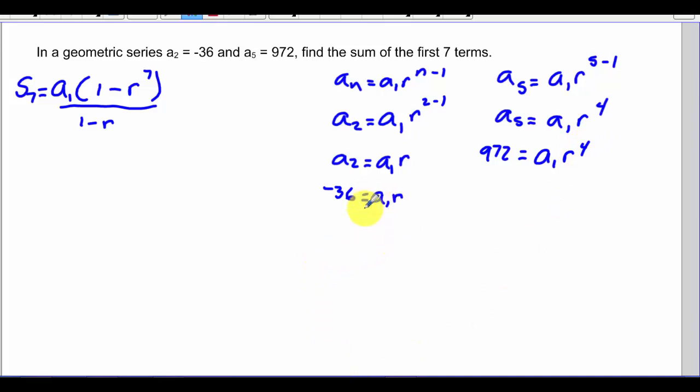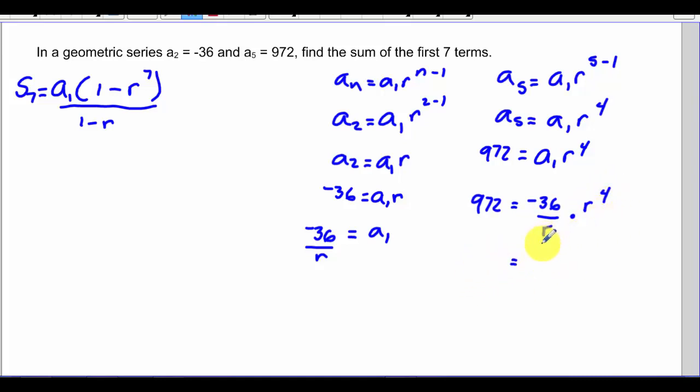I'll take and solve for the first term over here and get the first term is equal to negative 36 over the ratio. Substituting back over to here, I have 972 is equal to that first term, which we now know as negative 36 over r times r to the fourth.